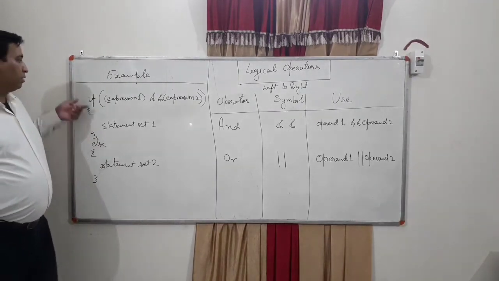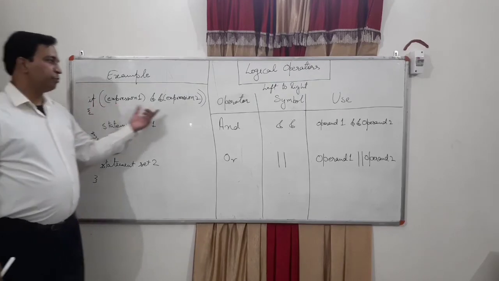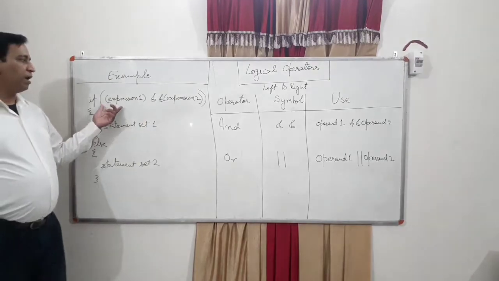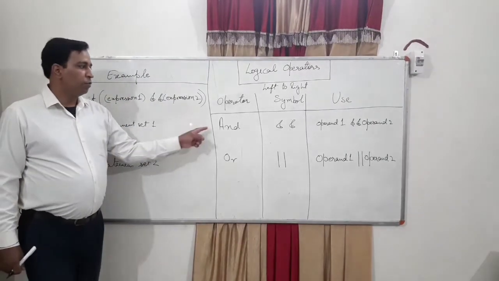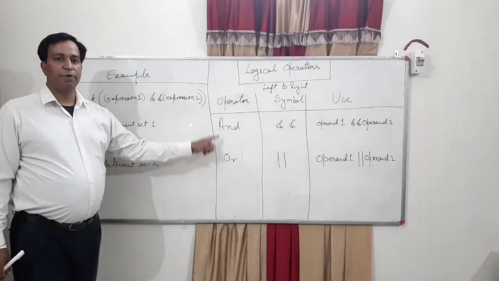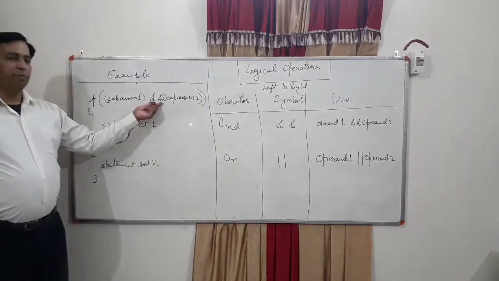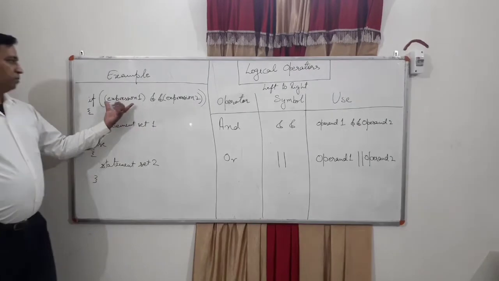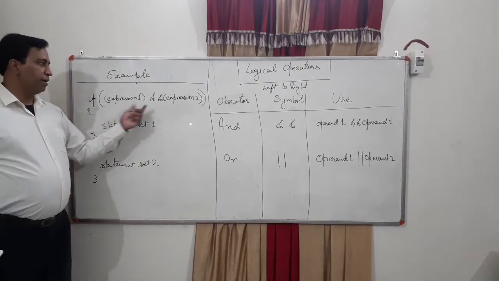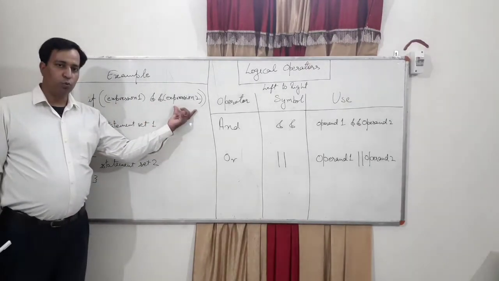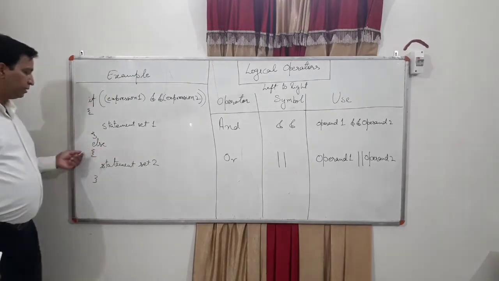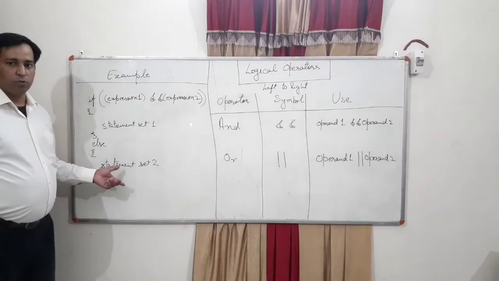Now if you have two expressions to be checked, one of these operators will be applicable between those two expressions. Here I have written expression 1 and expression 2, statement set 1, else statement set 2.